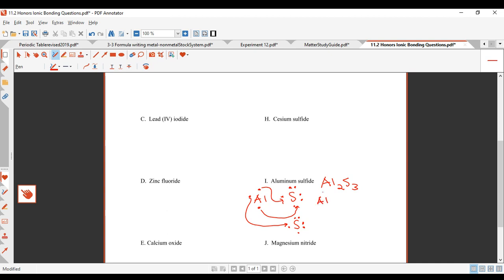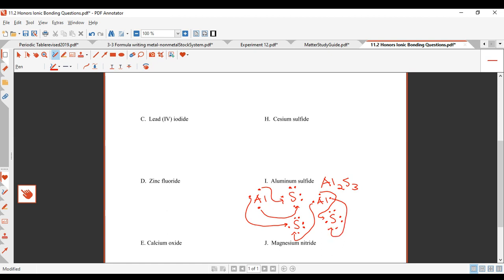So we need another aluminum. It can transfer its 1 electron there, but still has 2 electrons, so aluminum is not stable. So now we need another sulfur. So now aluminum can transfer its last 2 electrons to sulfur.